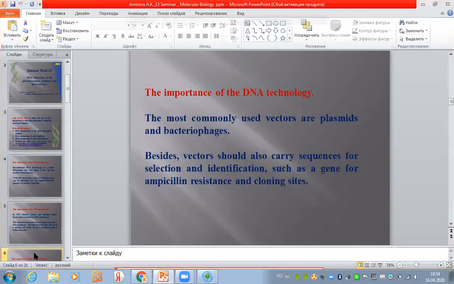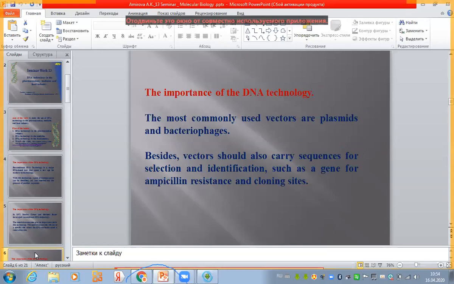The most commonly used vectors are plasmids and bacteriophages. Besides, vectors should also carry sequences for selection and identification, such as a gene for ampicillin resistance, and the cloning sites.